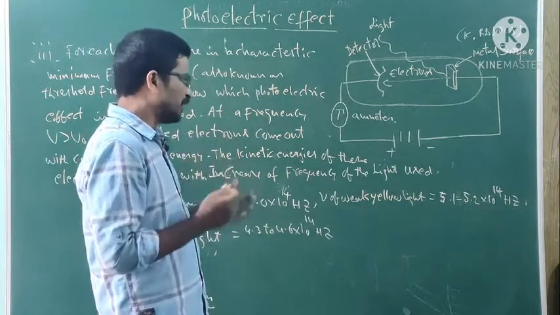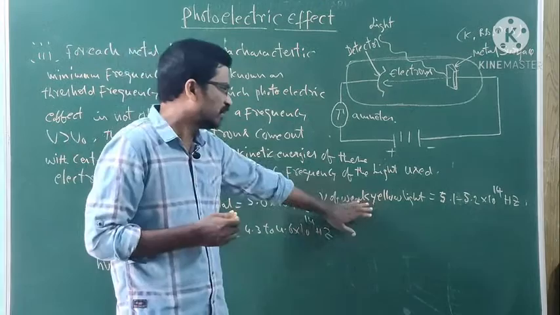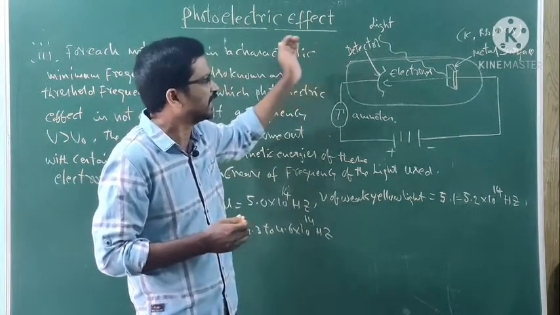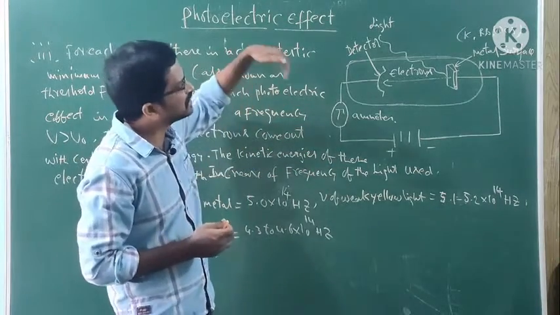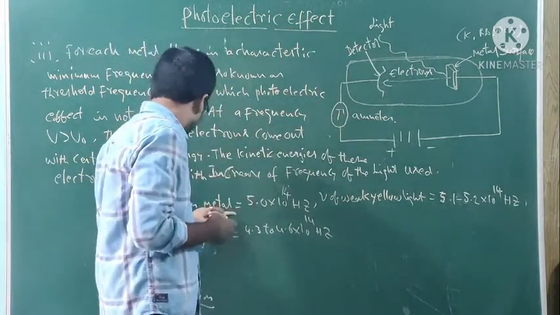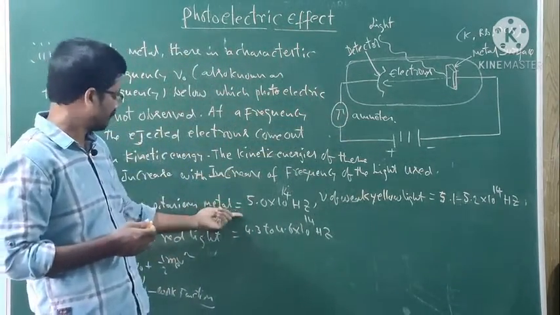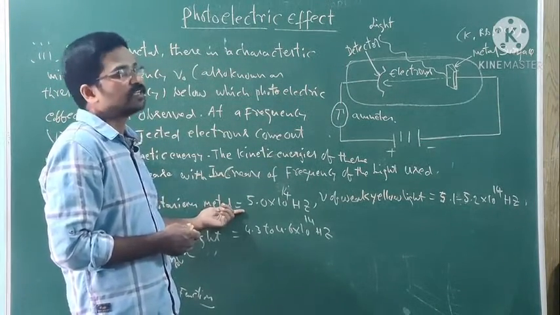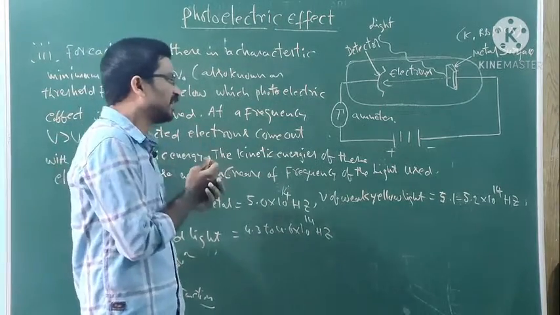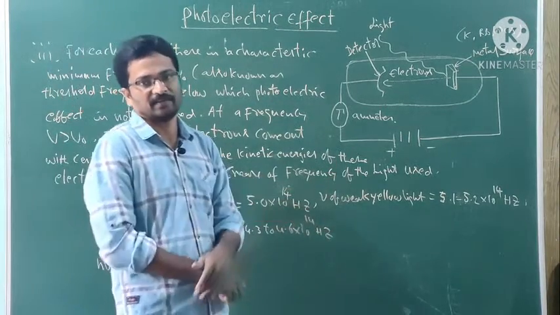The energy of the projected light is very high compared to the required metal threshold frequency. Then the remaining energy is converted into kinetic energy of the electron.